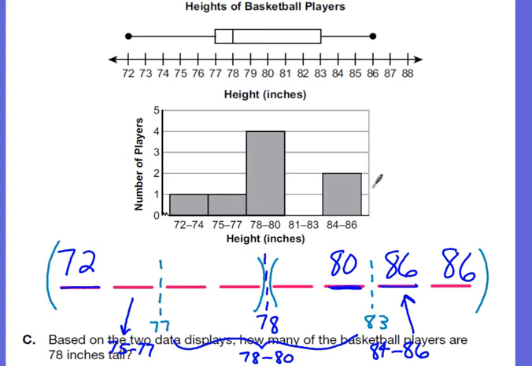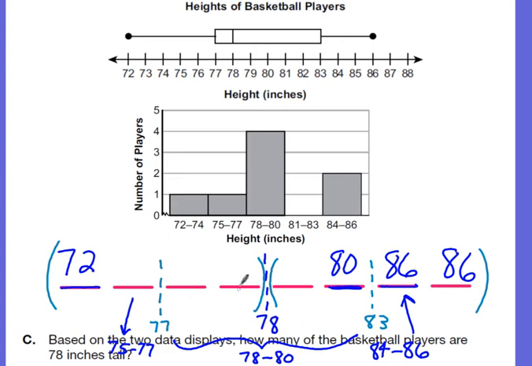What next? If you want to pause it again, be my guest right now. But what's next is I'm going to look at these spots, because I know all of these numbers have got to be between 78 and 80. And look at that, the overall median is 78. So can that spot be 79?